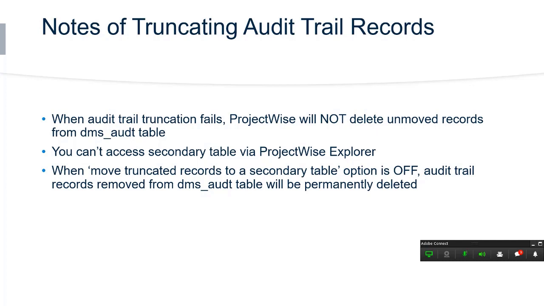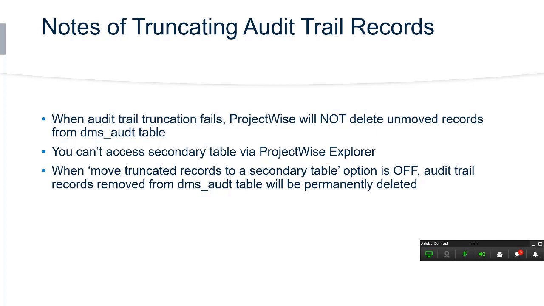If the truncation fails for whatever reason, ProjectWise will not delete any unremoved records. If it fails in the middle, all the other records will stay in the primary table. The second point is also very important. You cannot directly access the secondary audit trail table by using ProjectWise Explorer.